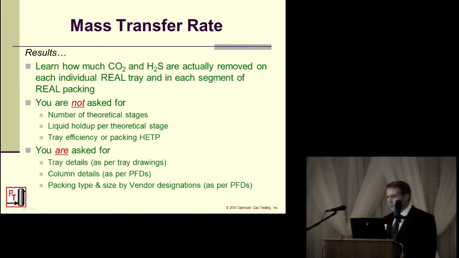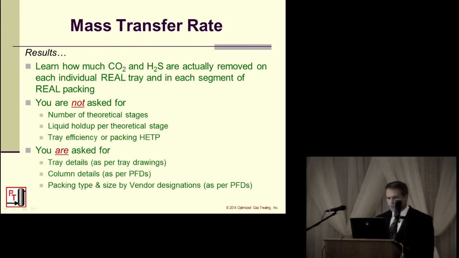So in a true mass transfer rate model, you're never asked for the number of theoretical stages. You're not asked for the liquid holdup per theoretical stage. You're not asked for tray efficiencies or HETPs. These are all calculated figures that can be done after the fact.